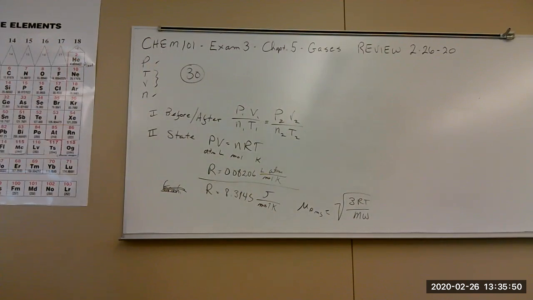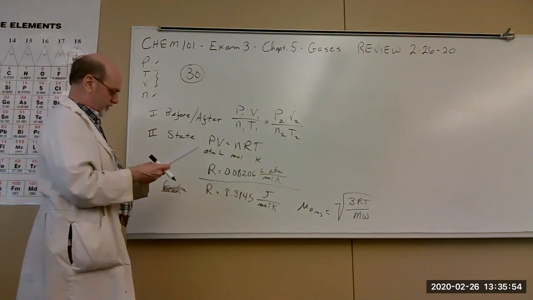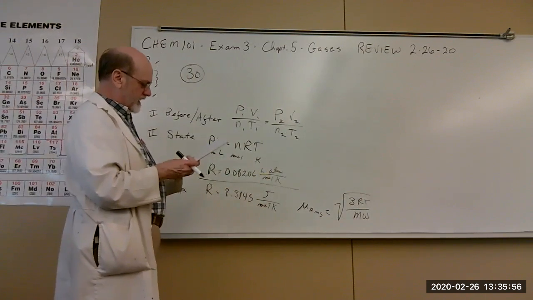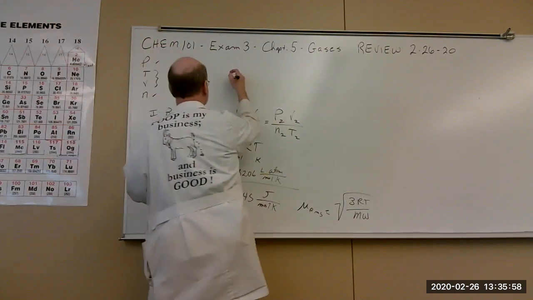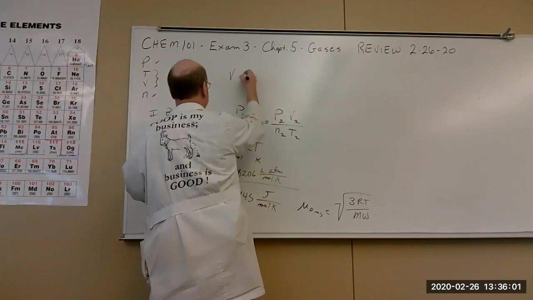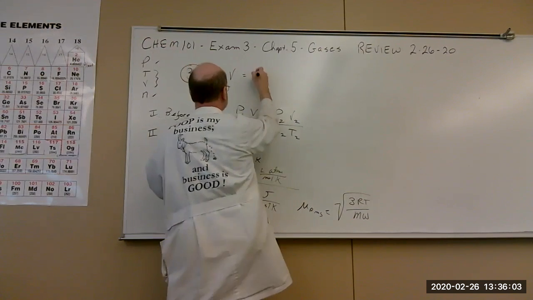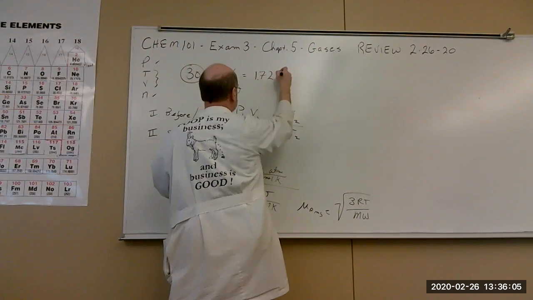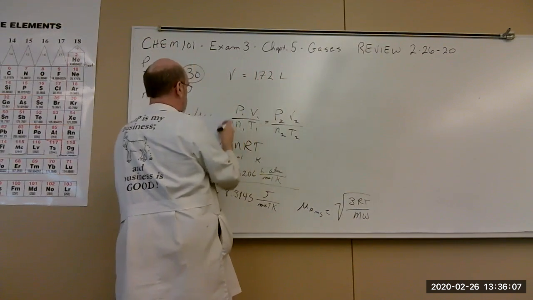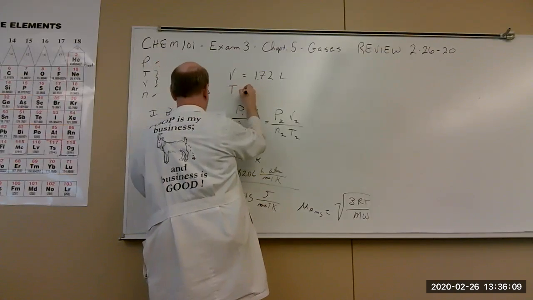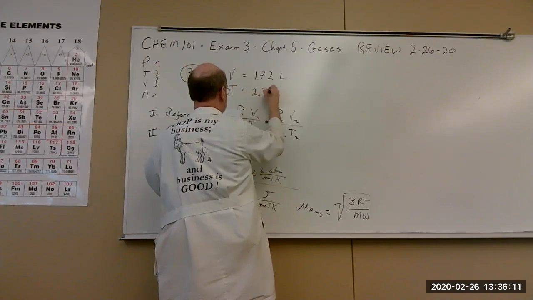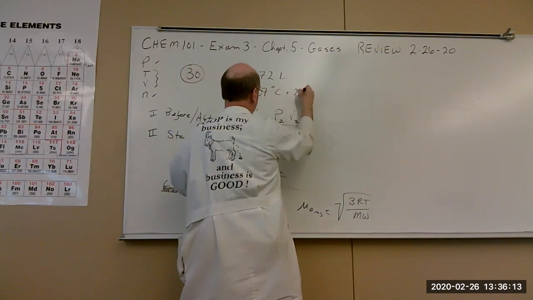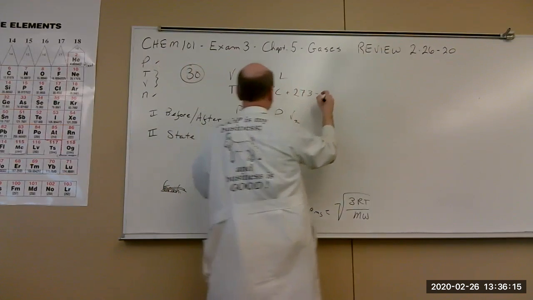Oh, I started on 30, just kind of veered off the path. A sample of oxygen has a volume of, okay, so we're going to extract information, 1.72 liters, and a temperature of 27 degrees C. So we know we're going to have to convert that one.